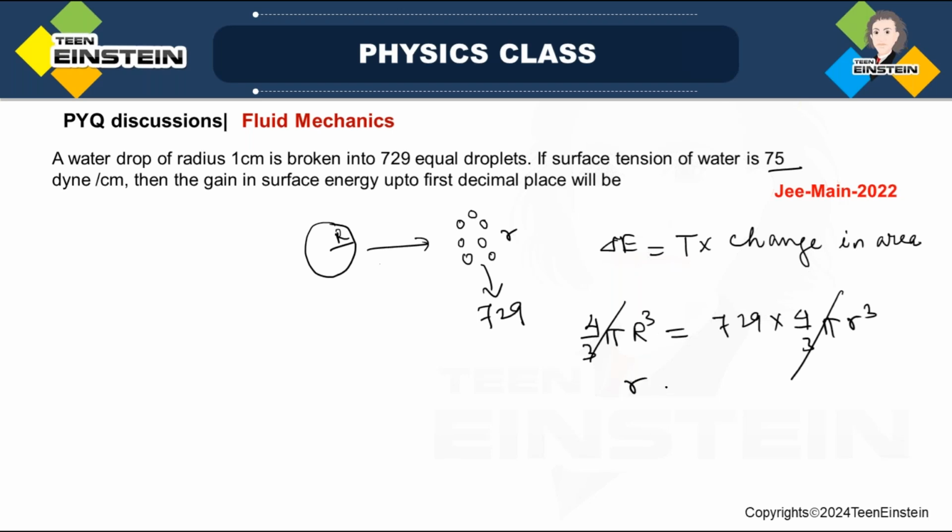So what will be the radius of each of these small droplets? You can try out how to get this value.